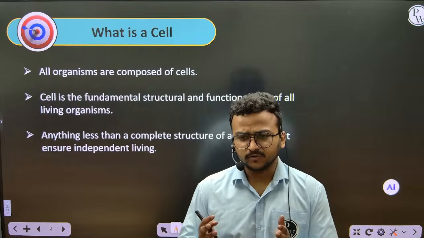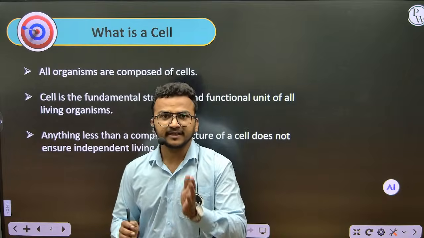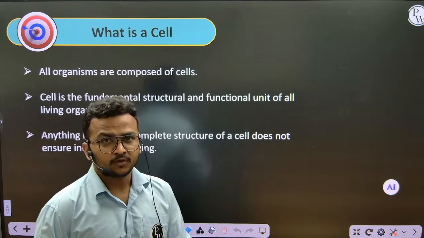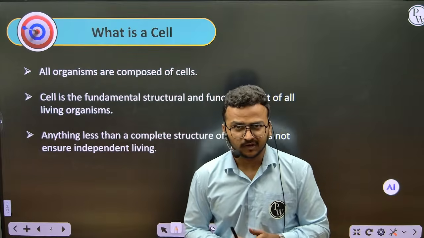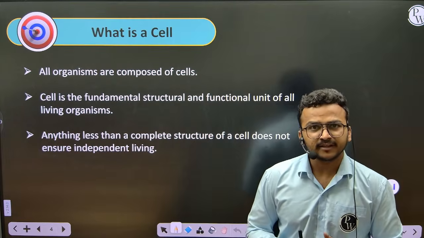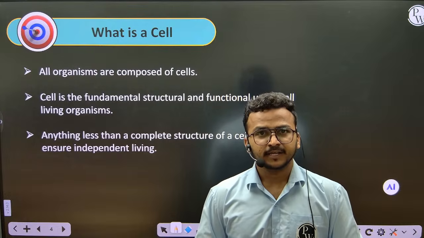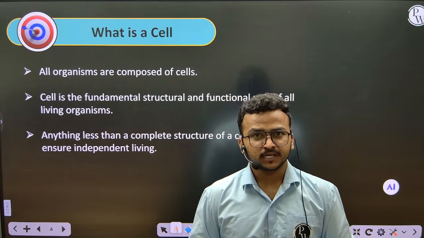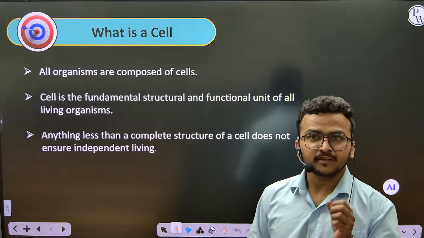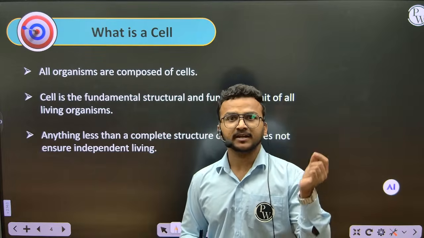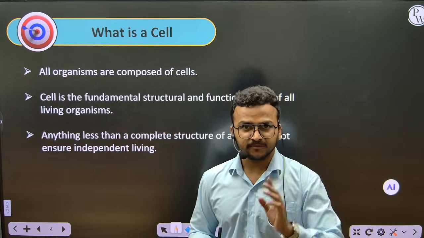We know that cell theory was formulated by two scientists, Schleiden and Schwann. In 1838, Schleiden, a German botanist, stated that plants are made up of different kinds of cells and different kinds of tissues.